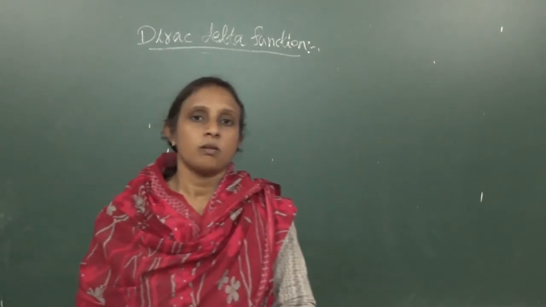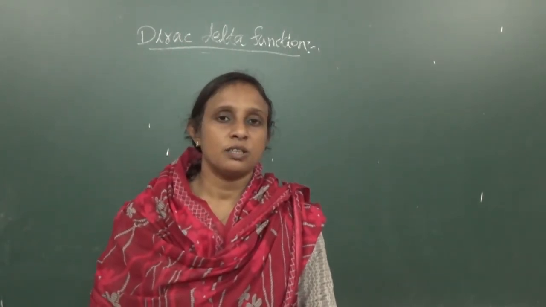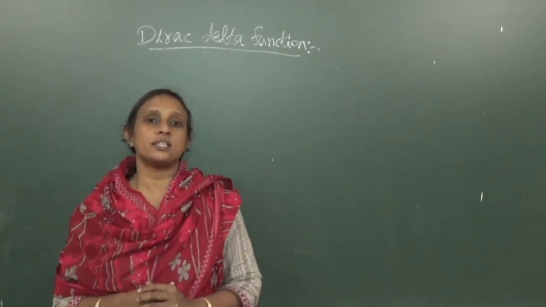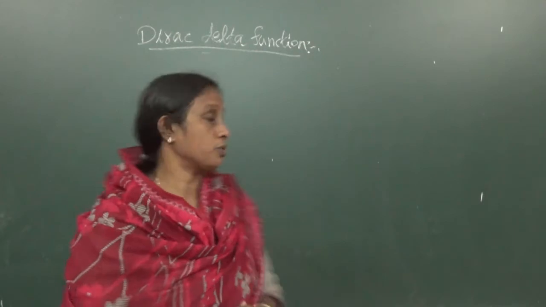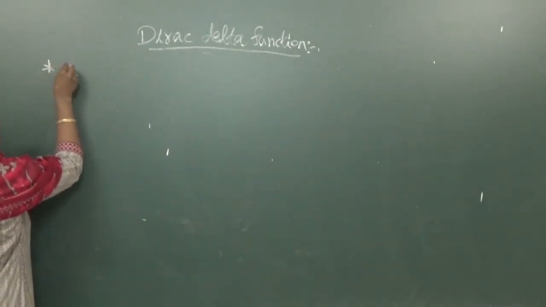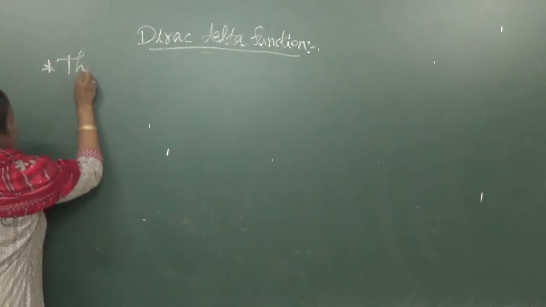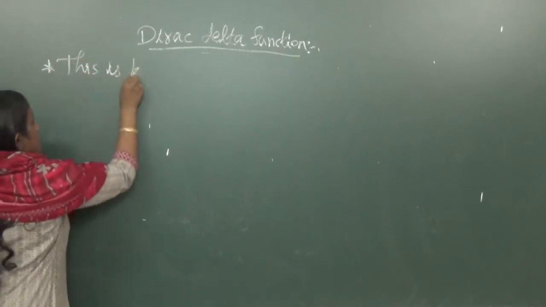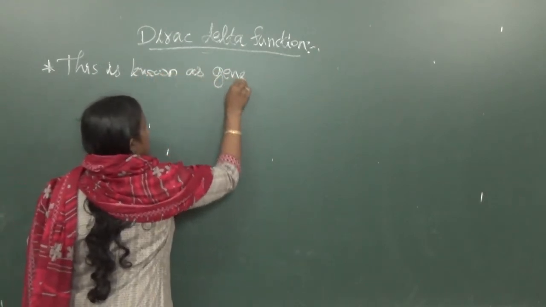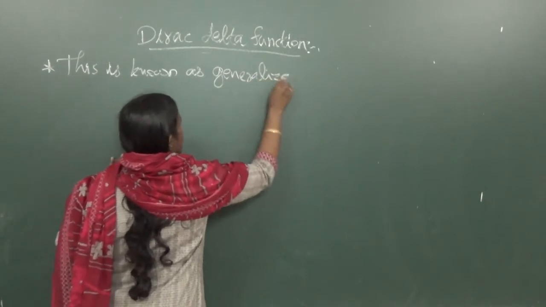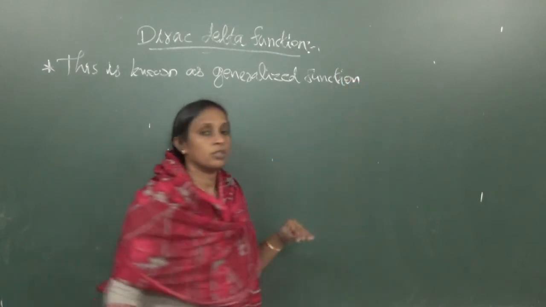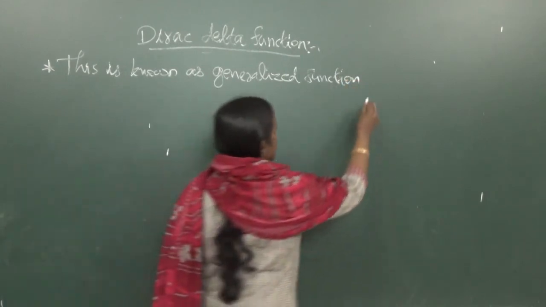Now, the Dirac delta function is not an ordinary function. Actually, mathematicians call this a generalized function or distribution.